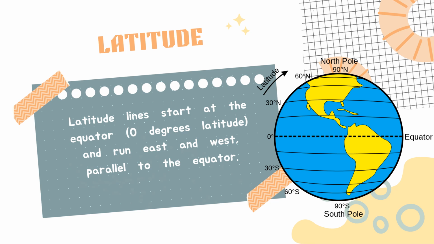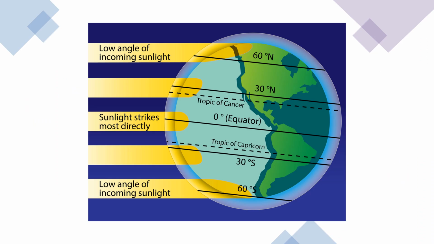How does latitude affect the climate? If you are going to observe this illustration, the Earth is tilted at 23.5 degrees. At 0-degree latitude, or at the equator, the sunlight strikes most directly. Therefore, the places or country that are near the equator is receiving most of the sunlight.